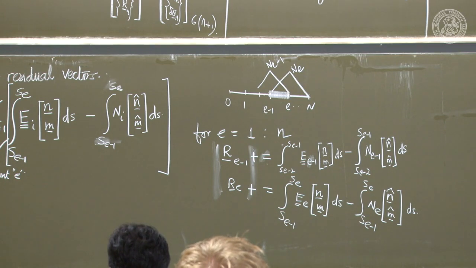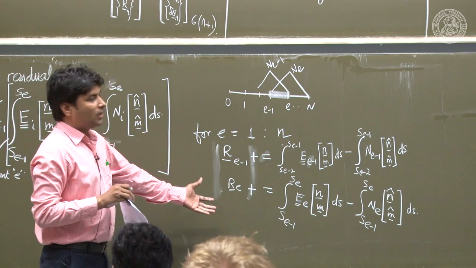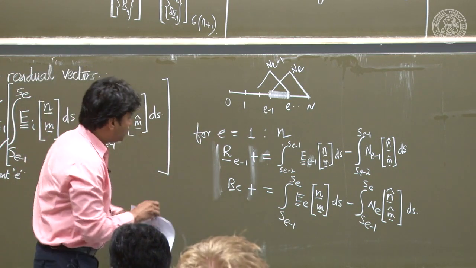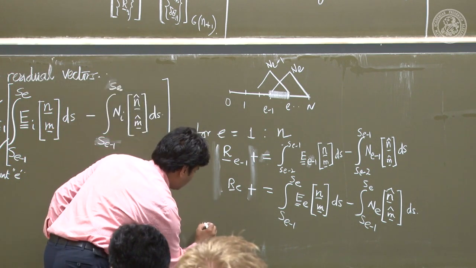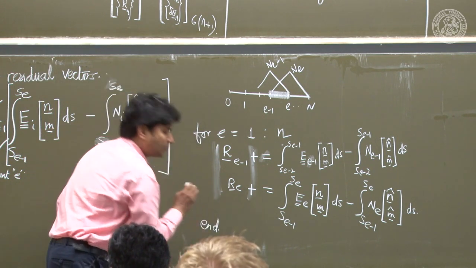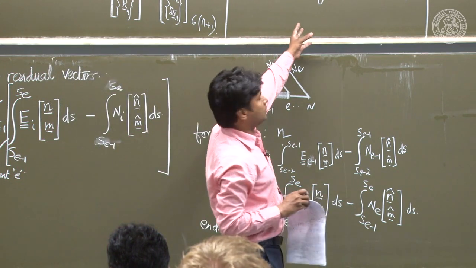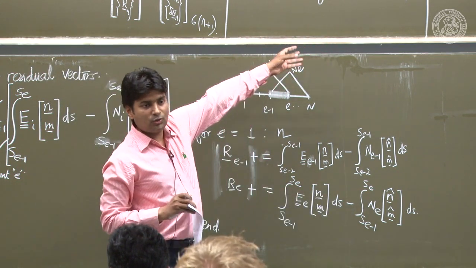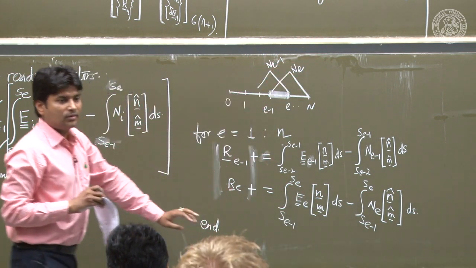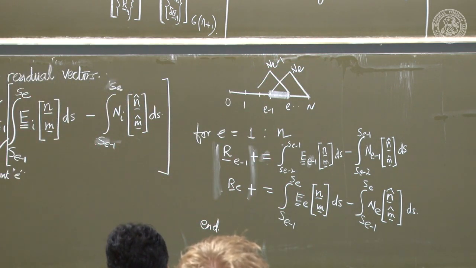Okay. So, that is how you assemble your residual vector, and of course, once you are done through this loop, then you also add the residual vector corresponding to the boundary term R 0 and R n. Okay. So, that is how you can assemble your residual vector.